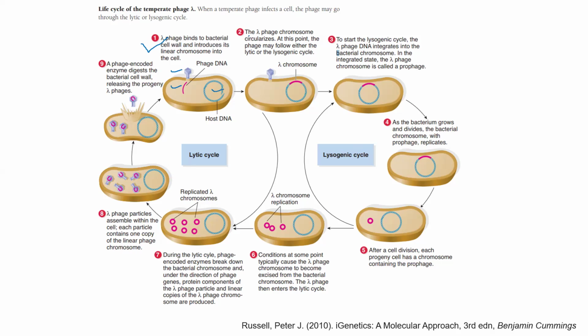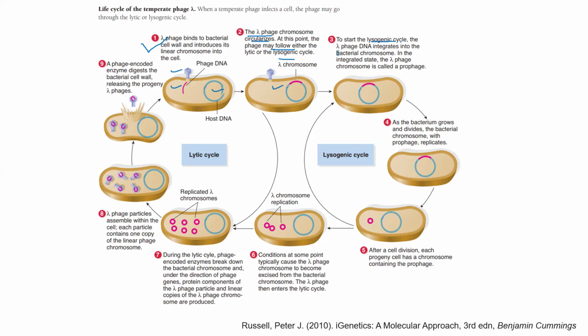In the next step, the lambda chromosome, which is linear, circularizes. In one of the subsequent lectures, where we will see the lambda phage in detail, we will talk about how this linear chromosome of the lambda bacteriophage circularizes. At this point, the phage has a choice to undergo the lytic or the lysogenic cycle.